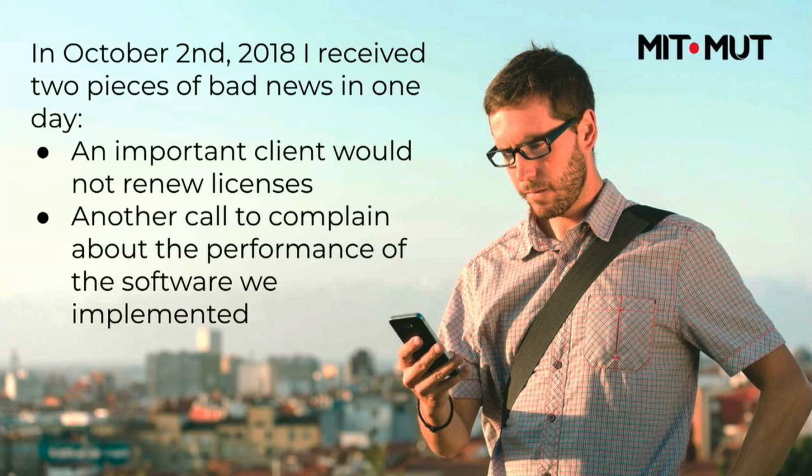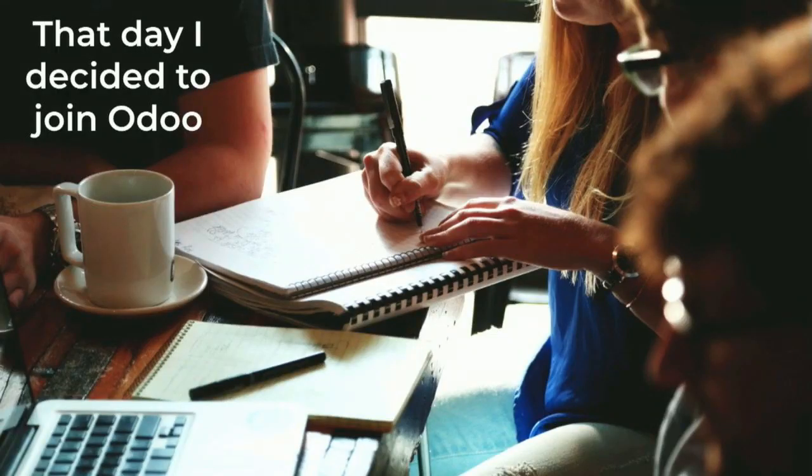And another call to complain about the performance of the software we implemented. And our main product was this software. Then in the same day, 2 bad news. Then we decided that day, October 2 of 2018, that we would join Odoo.